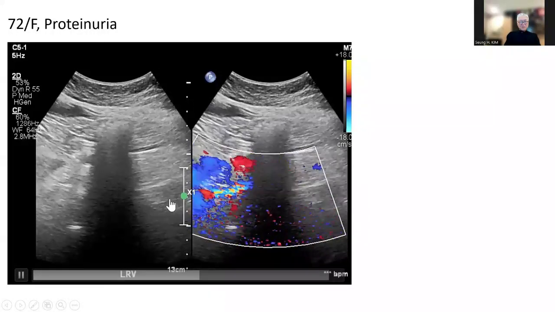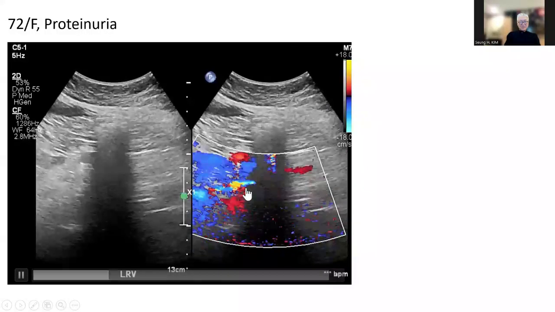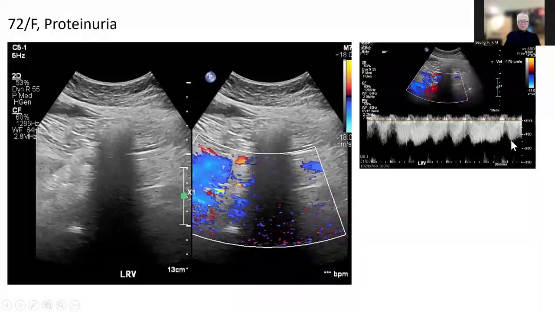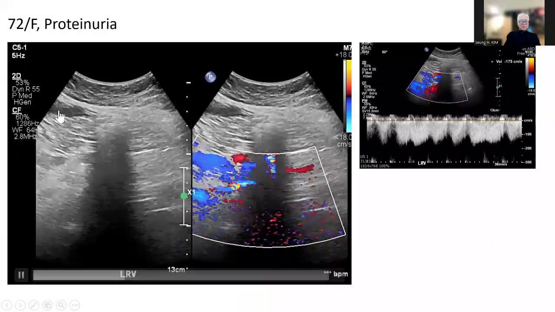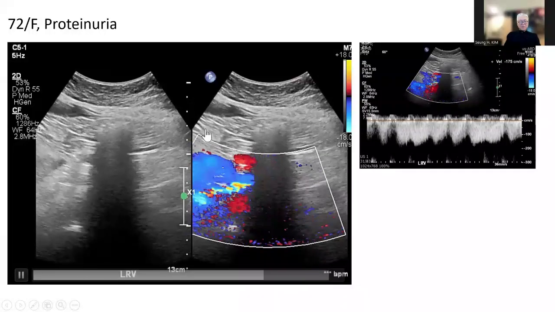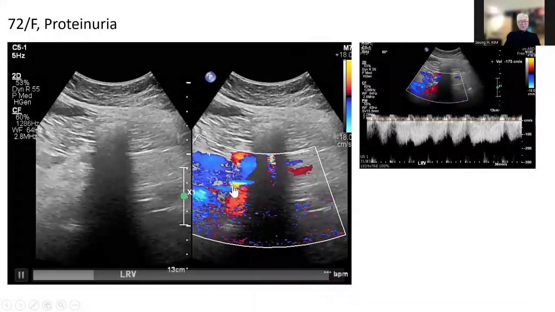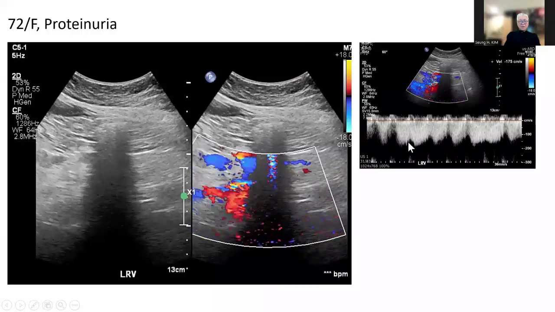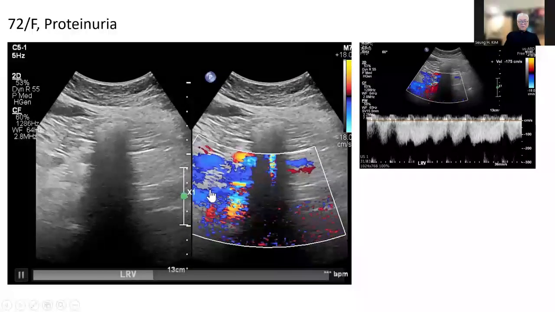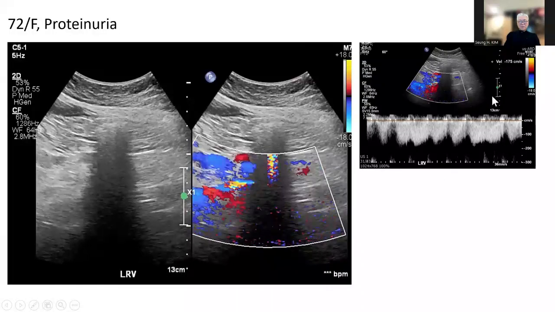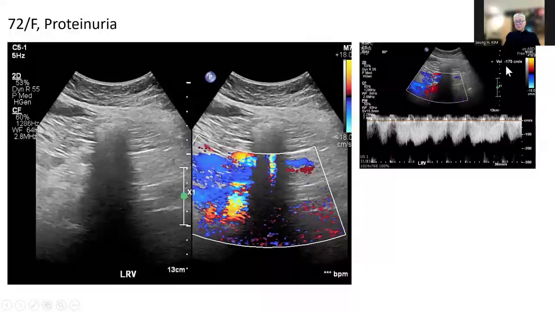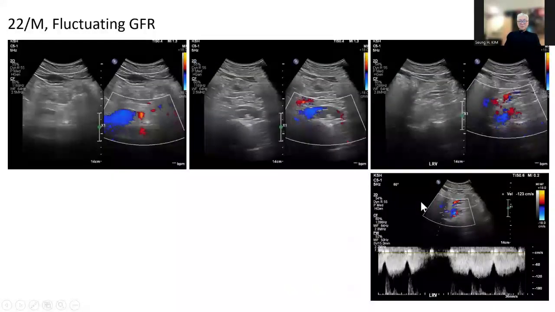The left renal vein goes through here, and we see the bright colored flow signal here, and we can measure the peak flow velocity. So even if we do not clearly see the left renal vein, do not give up: turn on color ultrasound, and we may get quite nice Doppler spectra from the left renal vein with quite fast flow, and we can make a diagnosis of nutcracker syndrome, peak flow velocity 175 centimeters per second.